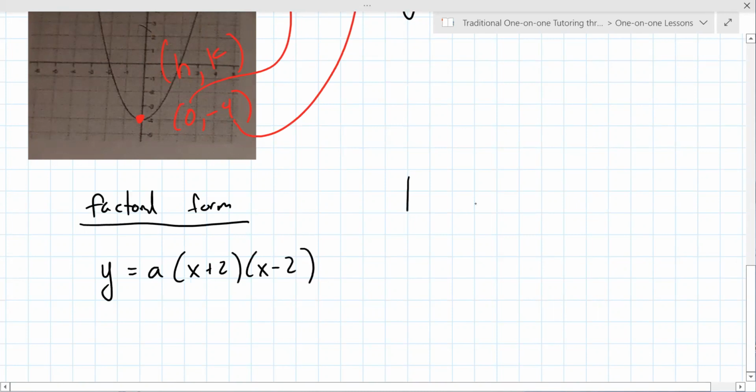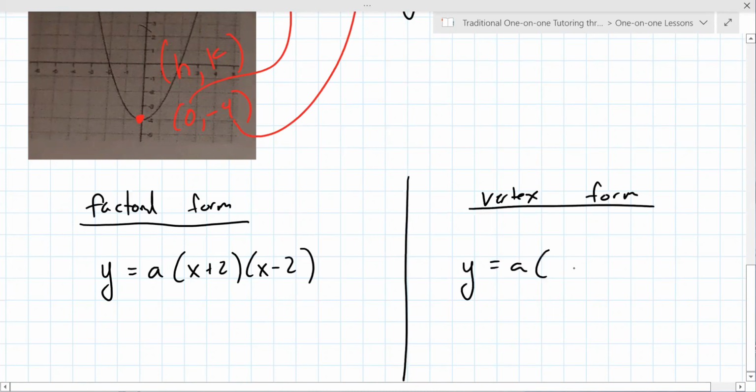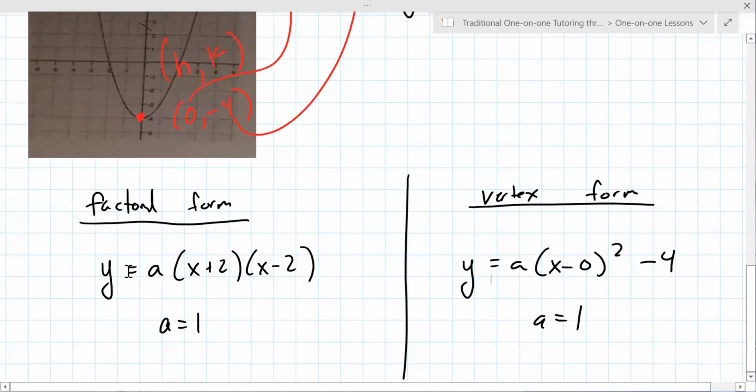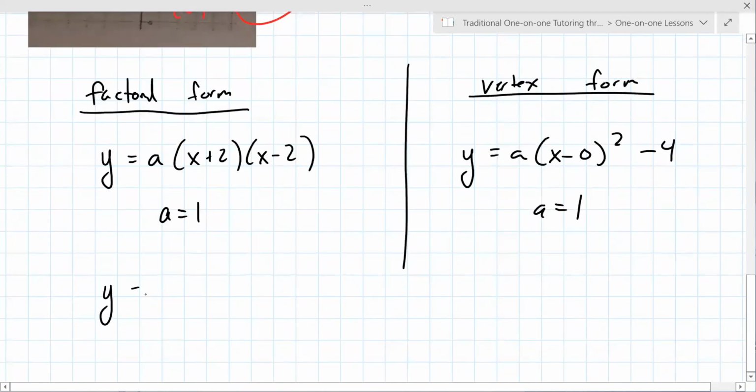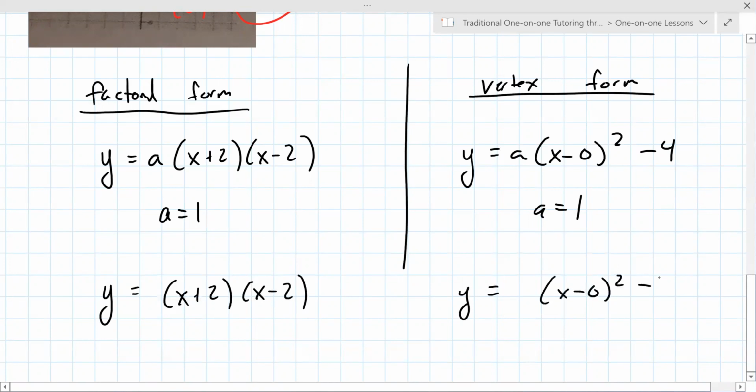And in vertex form, you have y = a(x - 0)² - 4. In both of these, they said that a is 1, which means that you don't have to write the a, because when anything is 1, you don't write it, but it's there. So it's (x + 2)(x - 2) and (x - 0)² - 4.